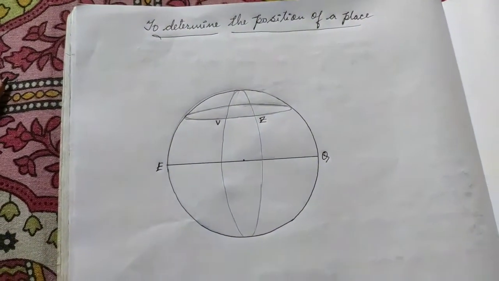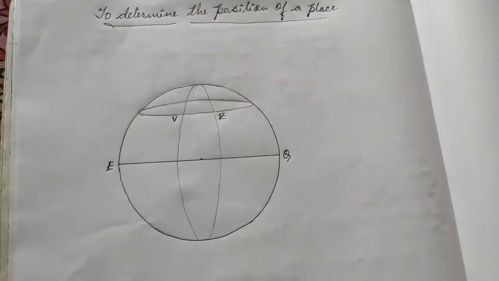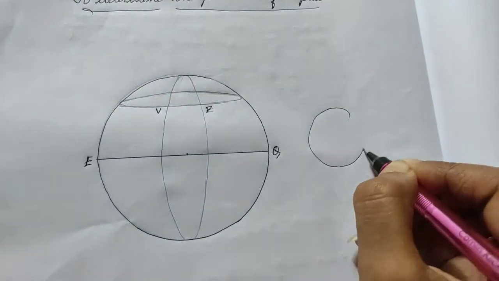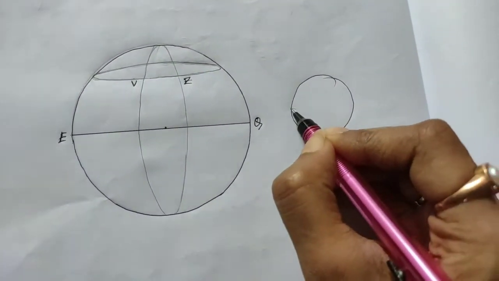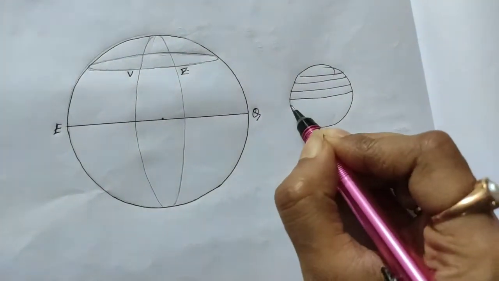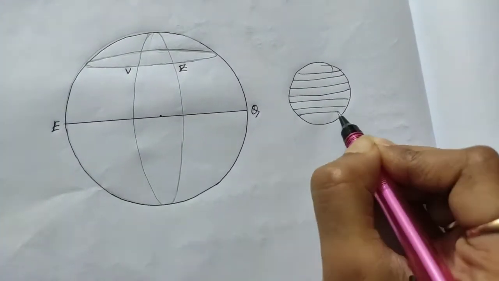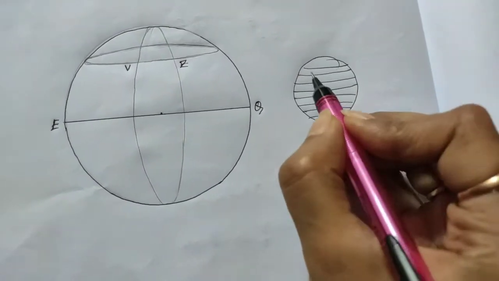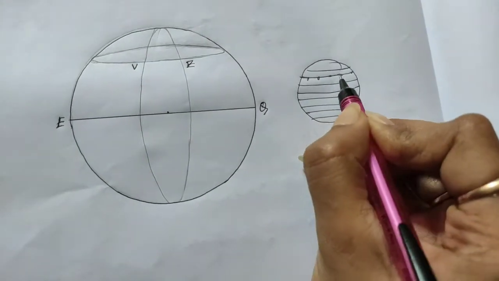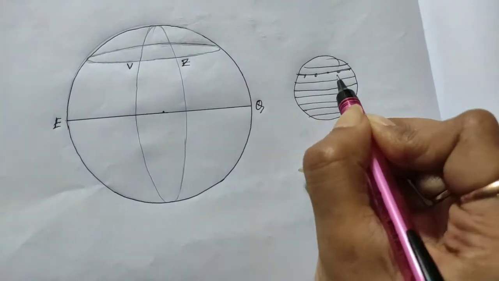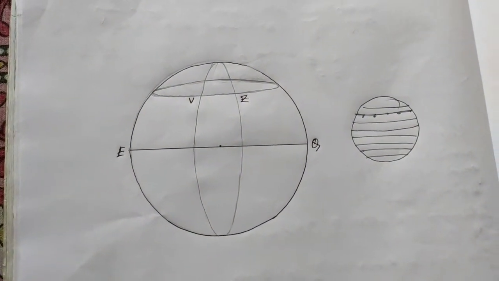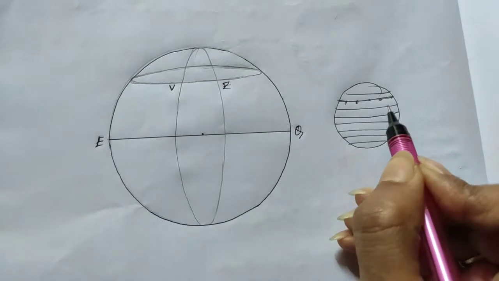Firstly, I already said in the last video that on our earth there are many parallels of latitude. All the places on this latitude will have the same latitude.